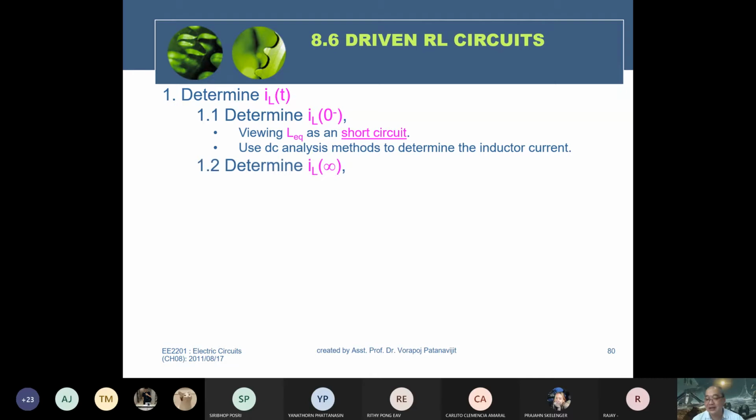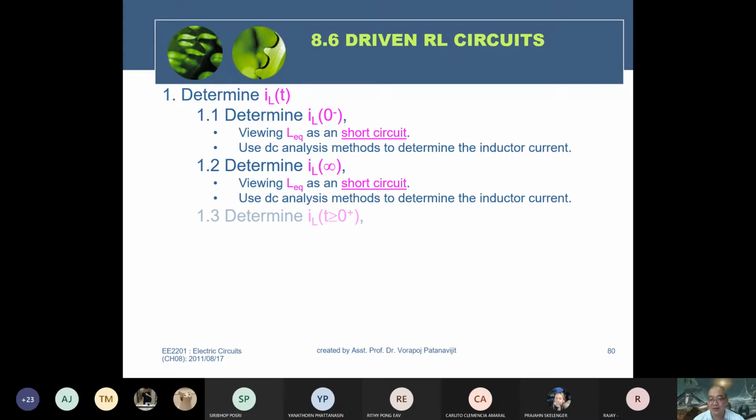The second step, we determine the inductor current at time equal to infinity. Again, we assume that the inductor performs like a short circuit, and you apply the DC analysis method to determine the inductor current.